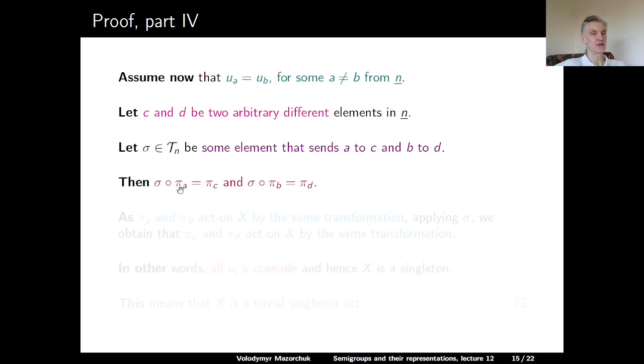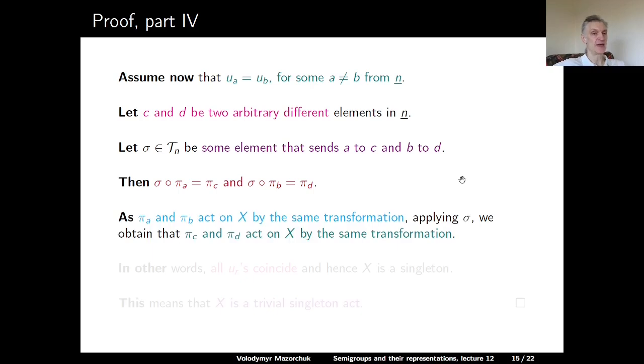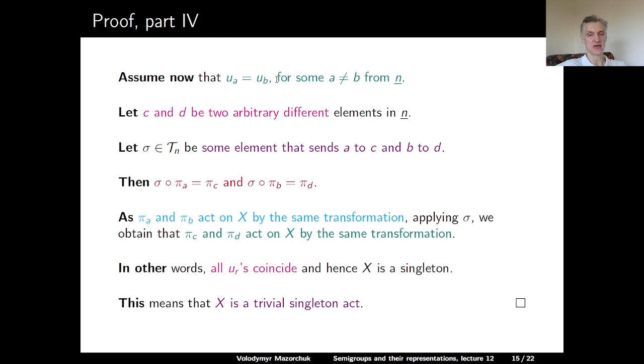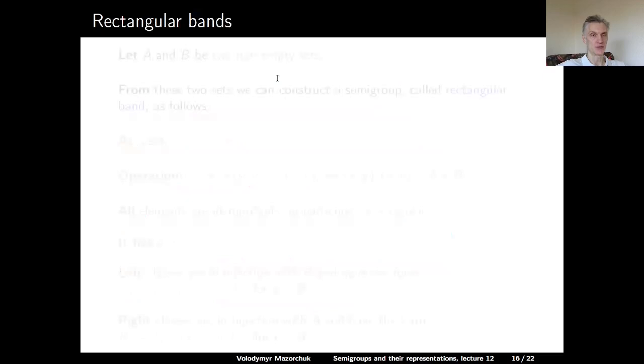But then sigma after pi A is equal to pi C, and sigma after pi B is equal to pi D. Since pi A and pi B act on X by the same transformation, applying sigma we obtain that pi C and pi D act on X by the same transformation. In other words, all UAs coincide, so not only UA and UB, but all of them coincide, and so X is a singleton. And this means that X is a trivial singleton act. And this completes the proof of the theorem.